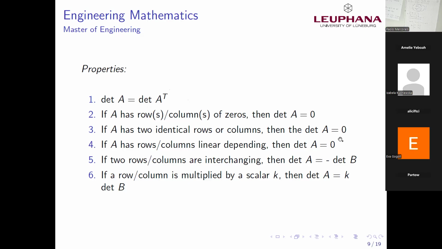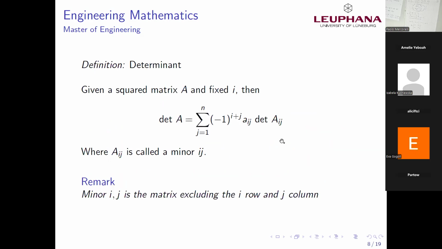Very important: if A has a row or rows, or columns, of zeros, one row or column is enough, then the determinant of A equals 0. This is also easy to demonstrate applying the definition.